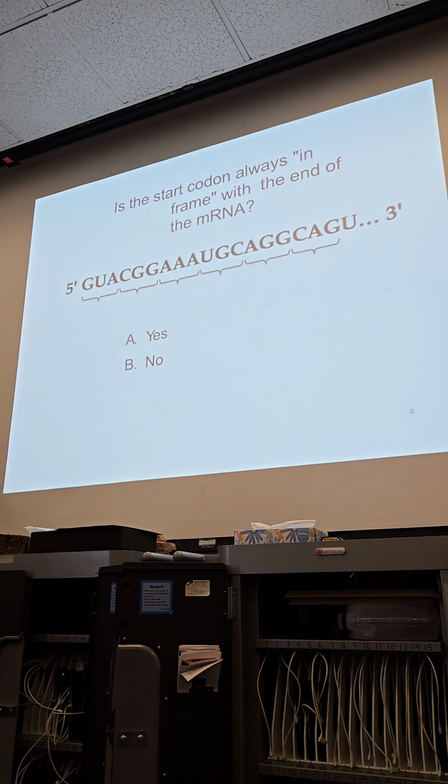So how do we know that's not starting there? Just because you say it? Well, because there's no AUG up there. There's an AUG here, but it is not in frame. I understand. Okay. It's only in frame with the start of that. Correct.